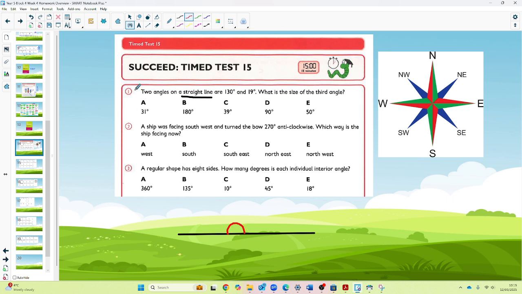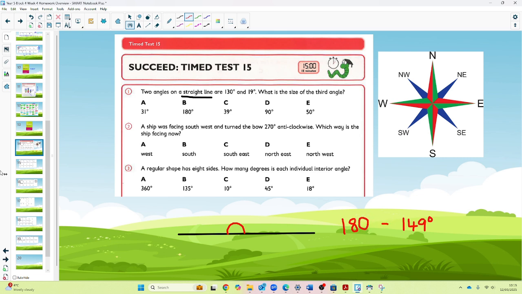If we're given two angles, one's 130, one's 19, if we add those together, we get 149 degrees. In order to work out the third angle, we need to subtract 149 from 180.